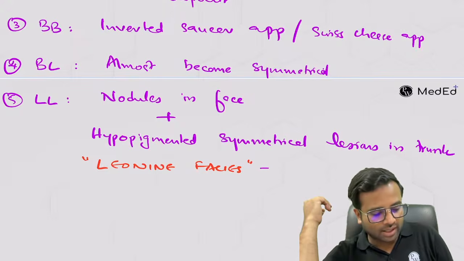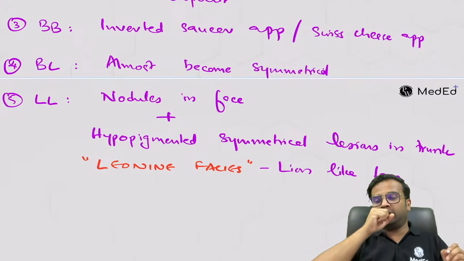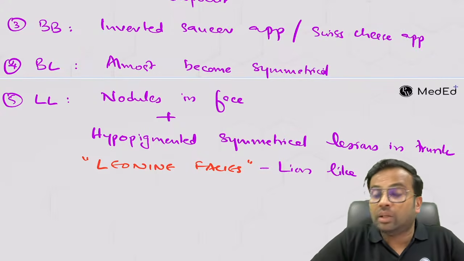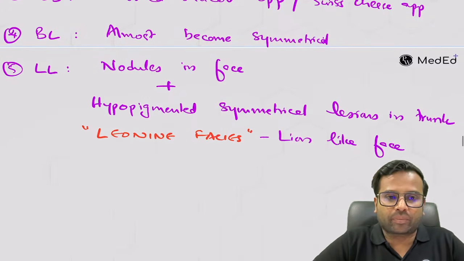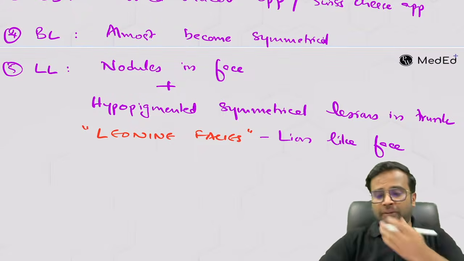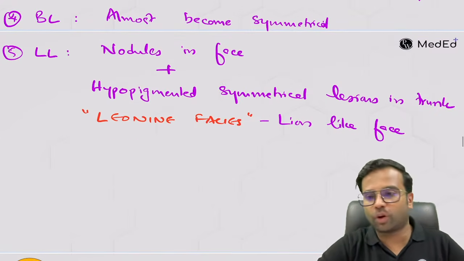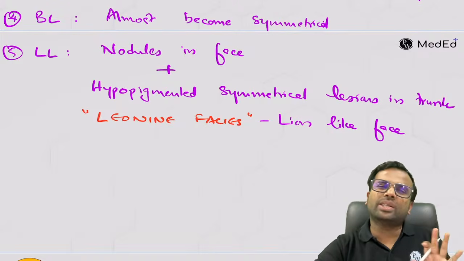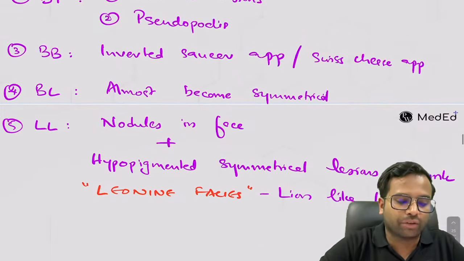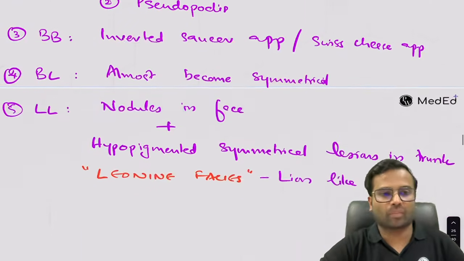Which is also called the lion-like face. That is how you can see a lepromatous type of leprosy. Yeah, very good. Caliber, Samantha, all of you are answering it. Excellent. Medico's blog is also answering. Very good. So these are the various presentations in different types of Ridley-Jopling classification. Clear?